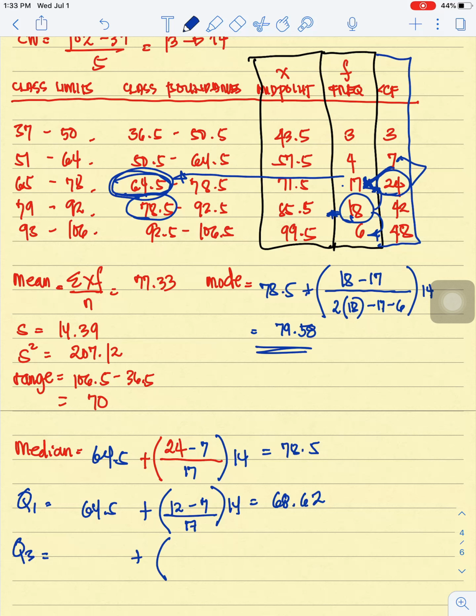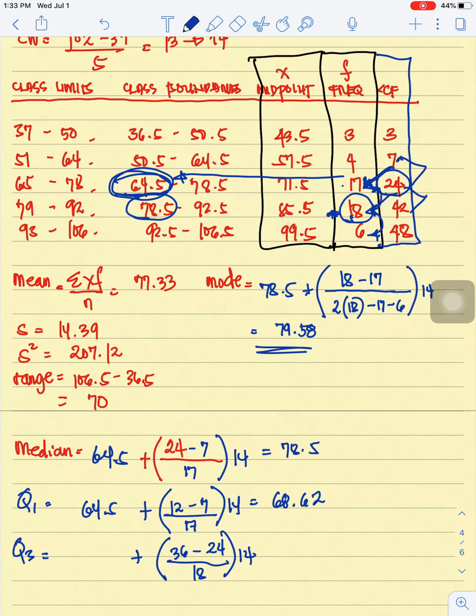Let's say I want to compute for Q3. Q3 is 3n over 4. So that's 3 times 48 divided by 4 is 36. Where is 36? It is located in between 24 and 42. So we have 36 minus the value above, that is 24, divided by the frequency below, we have there 18, times the class width of 14.